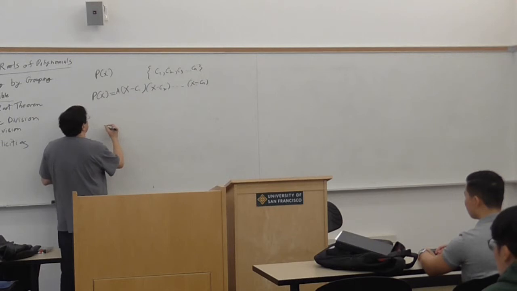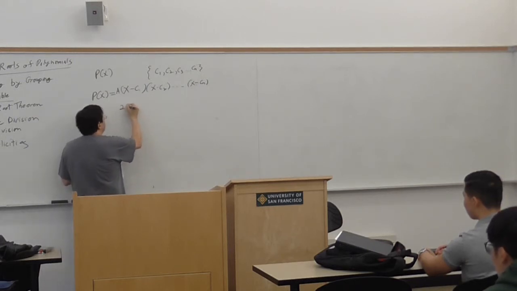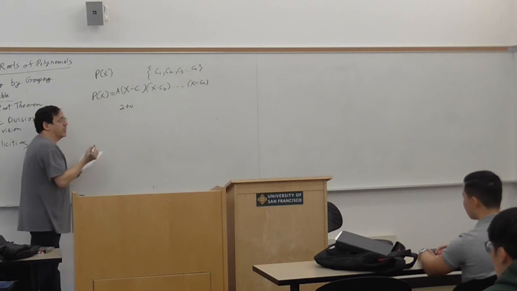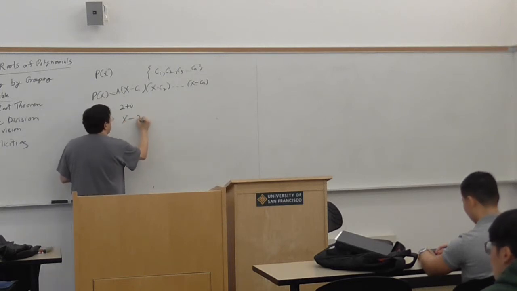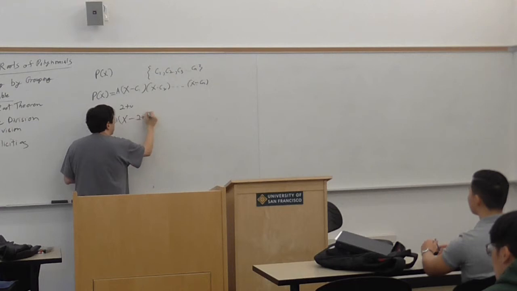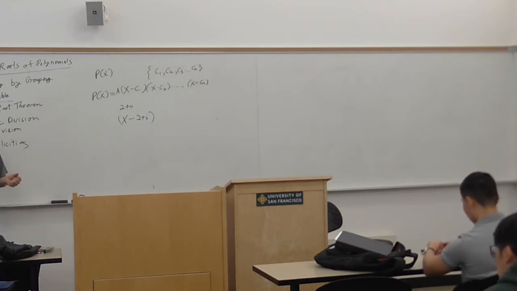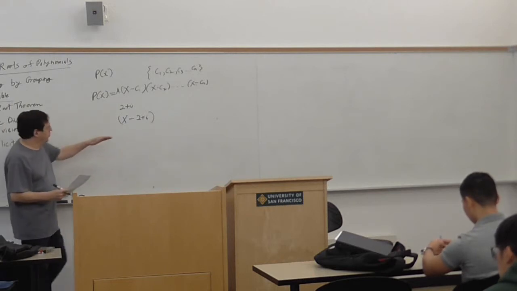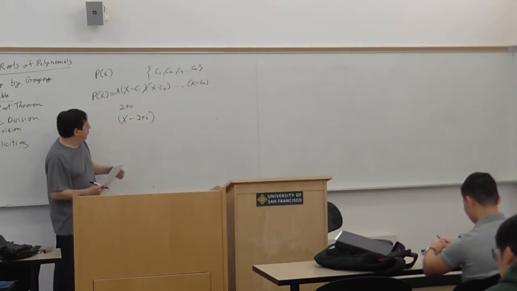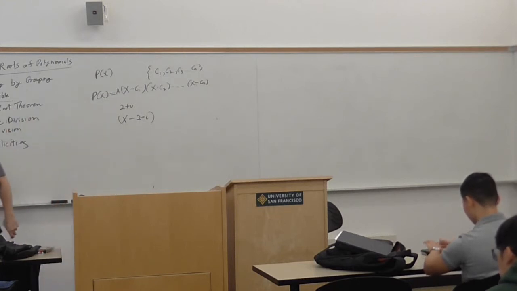So, for example, if one of the roots was, say, 2 plus i, well, I would have a factor x minus (2 plus i), but I want to get rid of the i, because I don't want it left in my coefficients. So the question is, how can I get rid of that 2 plus i?